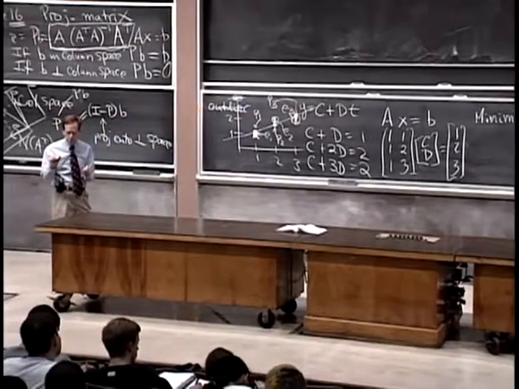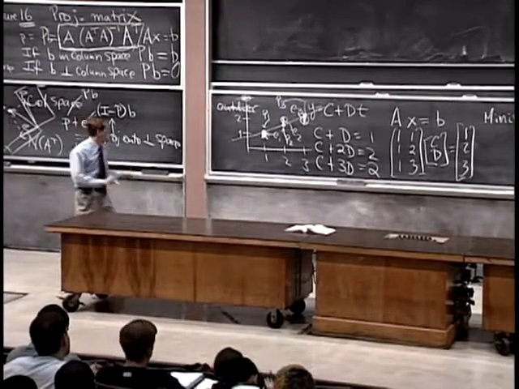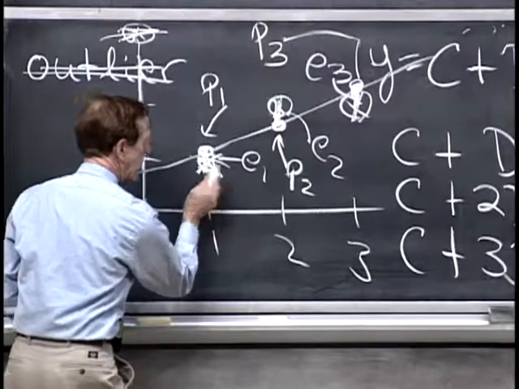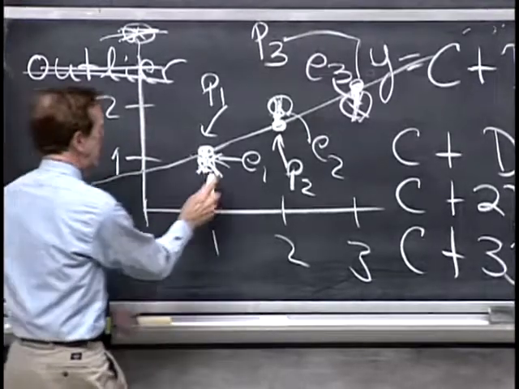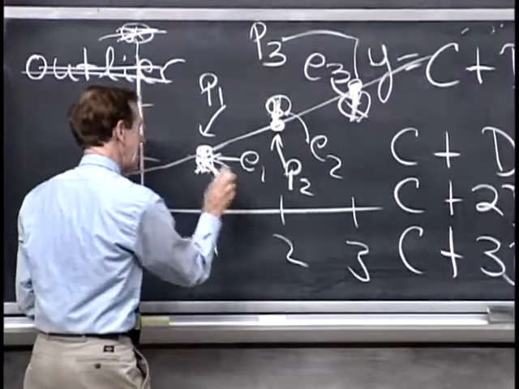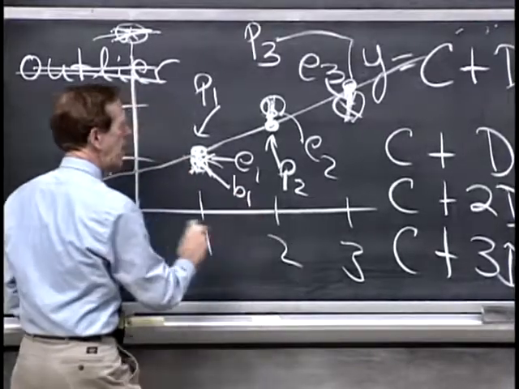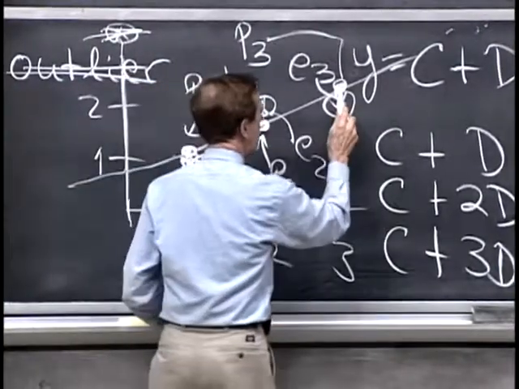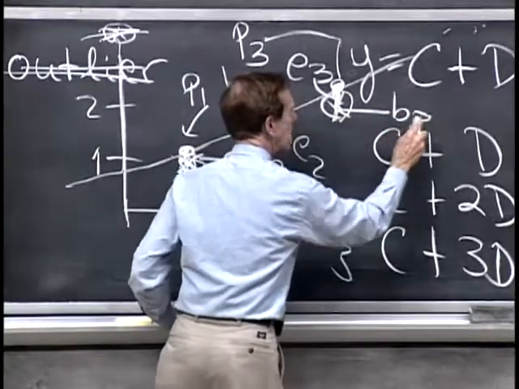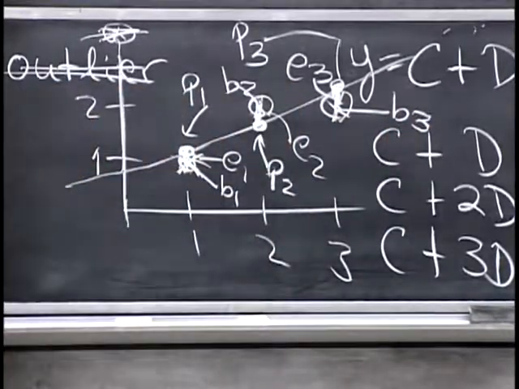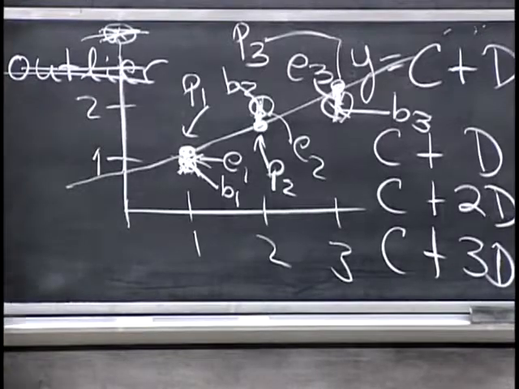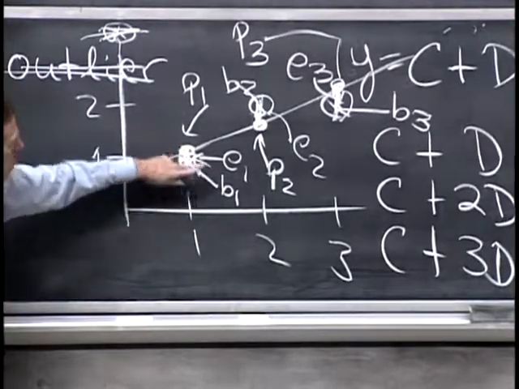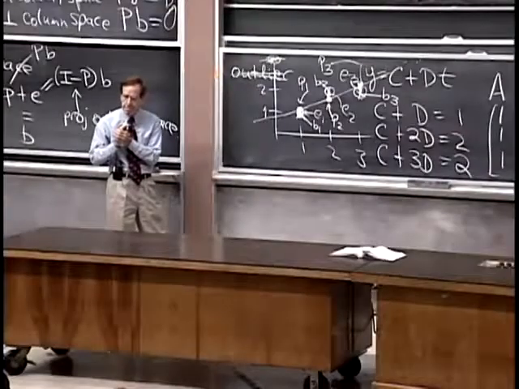Suppose those were the three values instead of the given ones. Sorry, my art is, as usual, not the greatest, but there's the given B1, the given B2, and the given B3. I promise not to put a single letter more on that picture. There's B1. P1 is the one on the line, and E1 is the distance between.